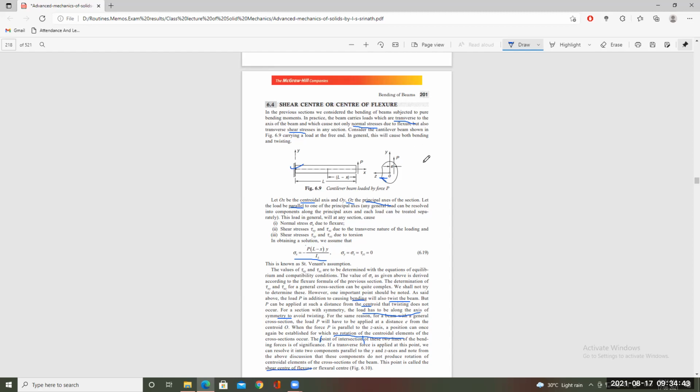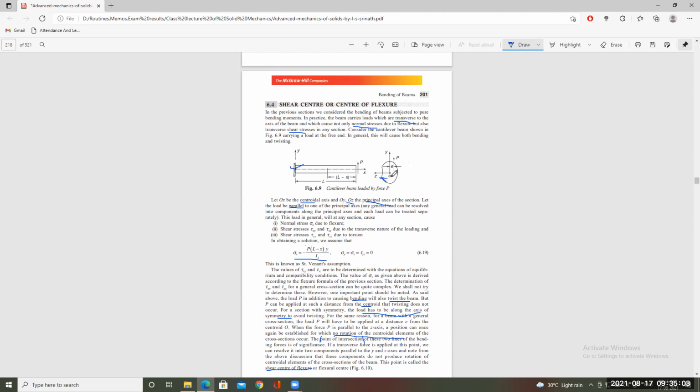So we have a force acting very close to the y-axis, at a negligible distance, and it will not cause any rotation itself. We can have another force acting parallel to the z-axis at a negligible distance without causing a twist of the beam.